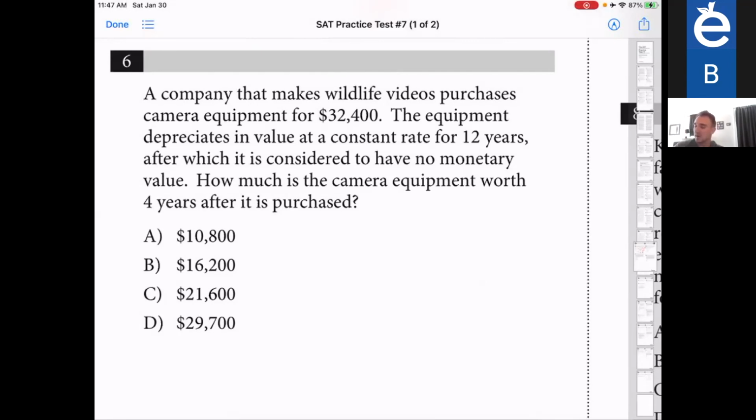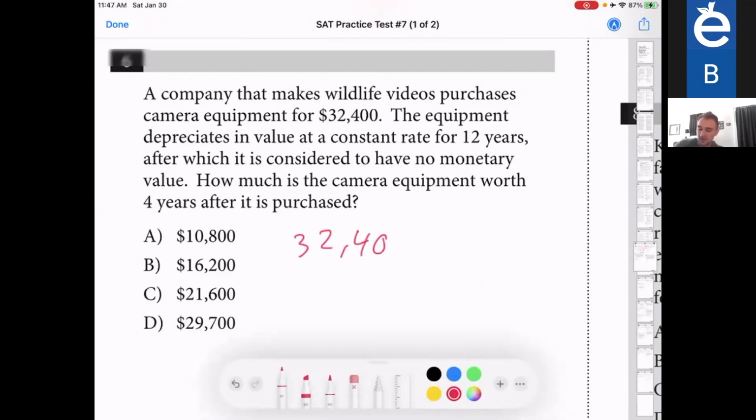So if I think about a way to write this, $32,400 would be my starting amount, right? I'm not going to have more worth than that, but every little bit, every dollar of that is slowly going to drop as I go. It's going to decrease in some relation to time, and we want to find out how much it drops each year. So we know overall it's going to be equal to $0 at the end of 12 years.